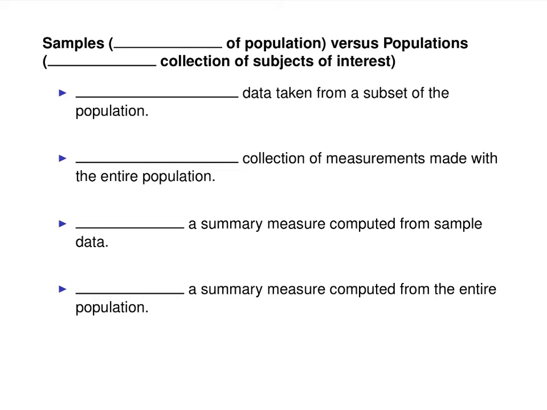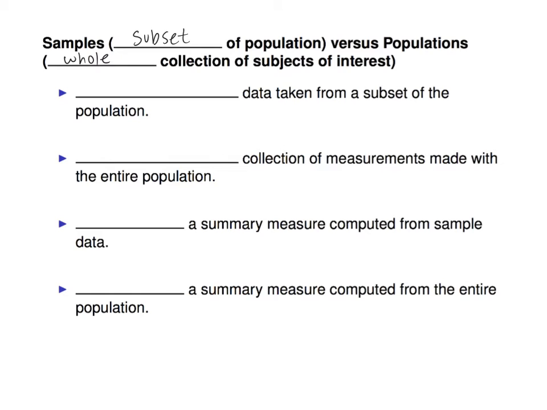Now, usually you want to deduce something about a large group of people, but looking at that entire group of people is not a reasonable thing to do because it's too time-consuming, complicated, or expensive. So a sample is a subset of your population, as in a chunk out of that population. A population is the whole collection of subjects of interest.